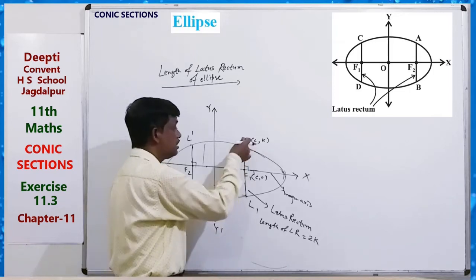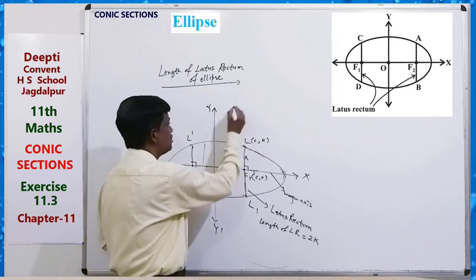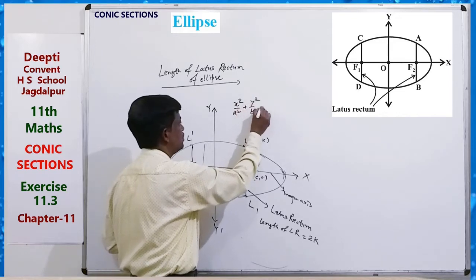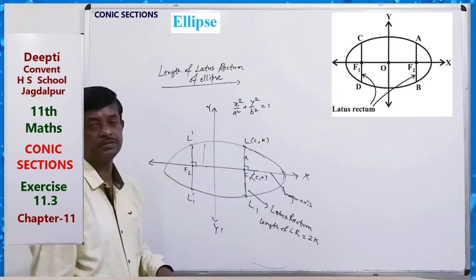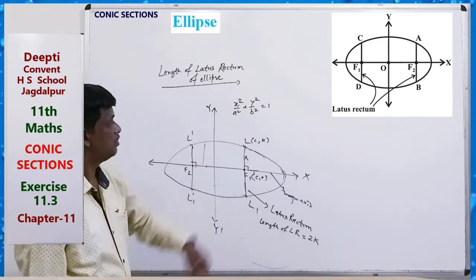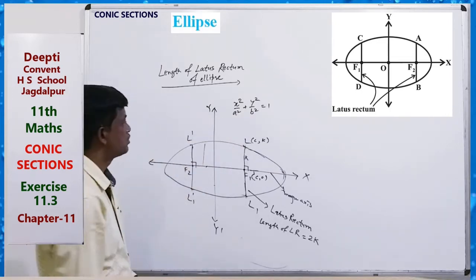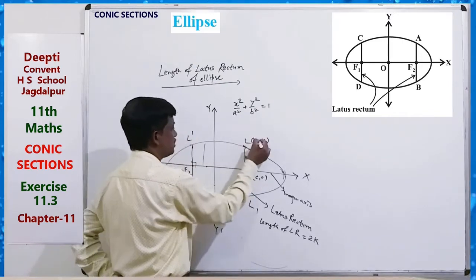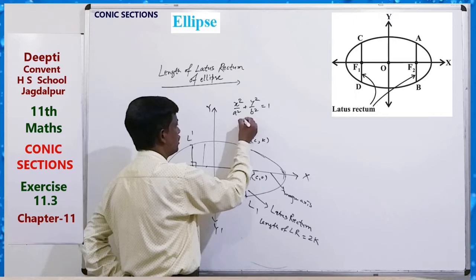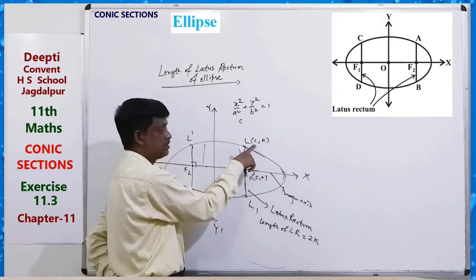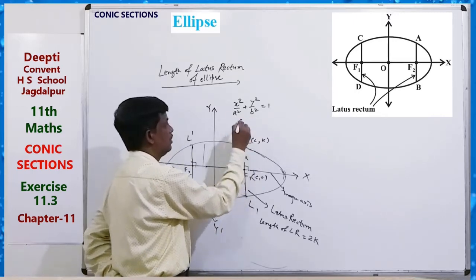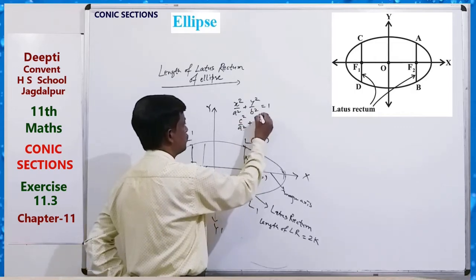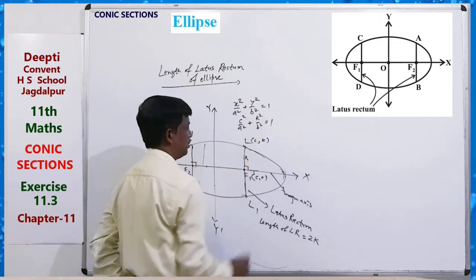This point (C, K) lies on the ellipse, and its equation is x square upon a square plus y square upon b square equals 1. The point will satisfy this, so from here we just have to find the value of K. Substituting C in place of x and K in place of y, we get C square upon a square plus K square upon b square equals 1.